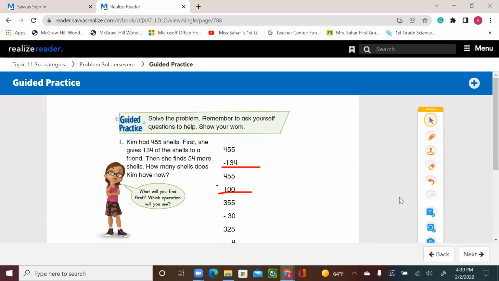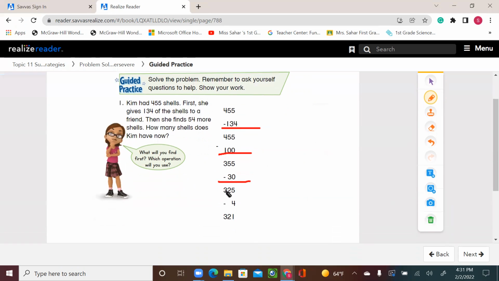So what do I get? 355. So 355 minus 30, because I have 34. So I'm breaking 34 to 30 and 4. So I'm subtracting first the 30. So 355 minus 30 equals 325. Then I have the 4 ones. So 325 minus 4 equals 321. Now Kim has 321. So that's what she has now.